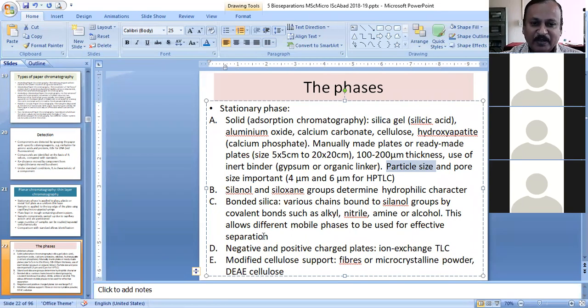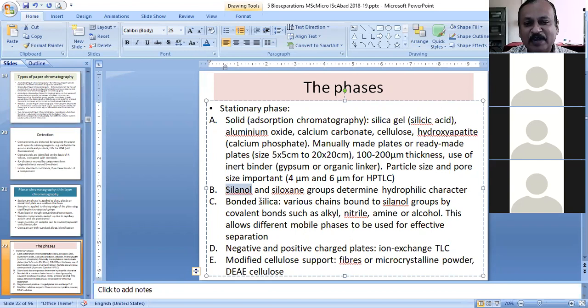Then if you are using silica as the stationary phase, the silanol groups or siloxane groups are present on the surface, and these groups determine the hydrophilic character. These groups are also essential for the adsorption phenomenon which happens on the surface.